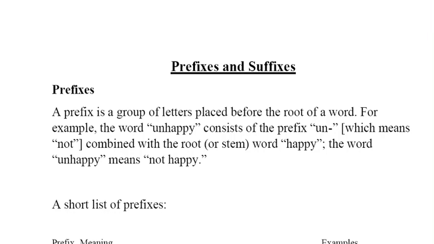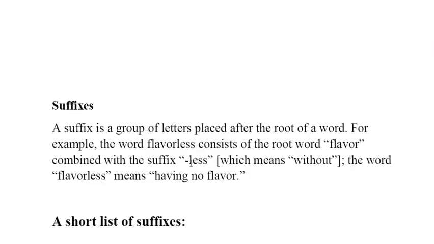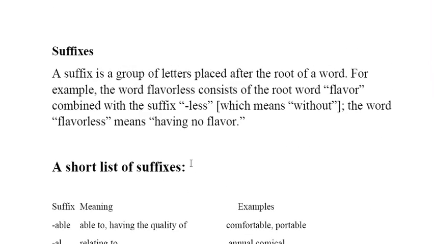Okay, so this is the definition of prefix. And what is the definition of suffix? A suffix is a group of letters that is placed after the root of a word.